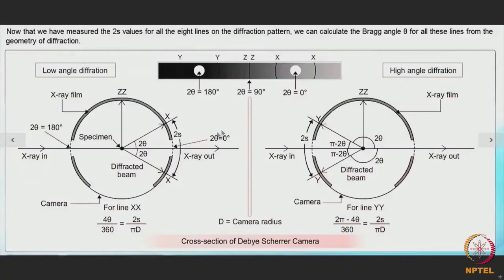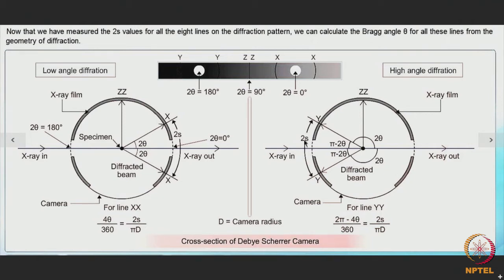Now, if we are looking at a high angle diffraction line on this side, where the high angle diffraction lines are found for a particular atomic plane, since this is the X-ray incident direction and this is the direction of diffraction, this will be 2 theta. As a result, this angle will be pi minus 2 theta, and this angle will also be pi minus 2 theta.